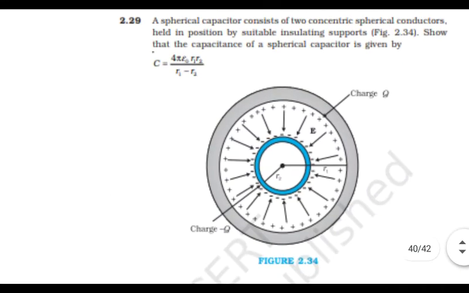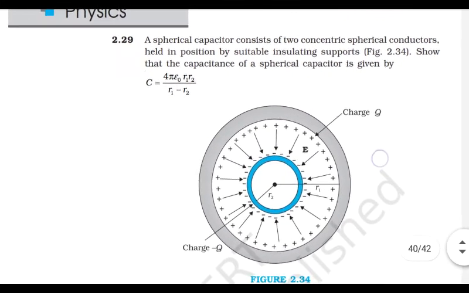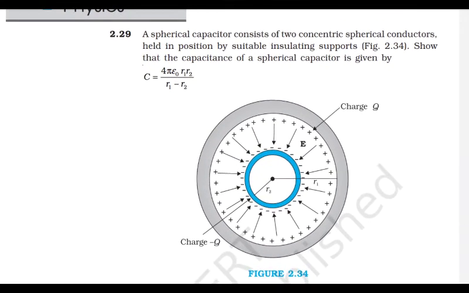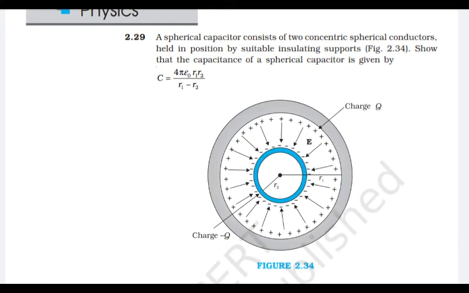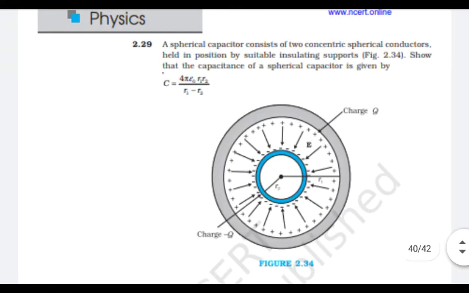So what we have to first see is this spherical capacitor, concentric spherical conductors. There are two spheres concentric, with the same center. The smaller one is of R2 radius, and the bigger sphere is of R1 radius.